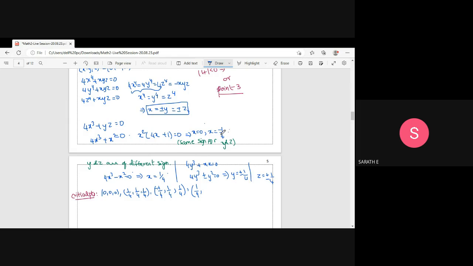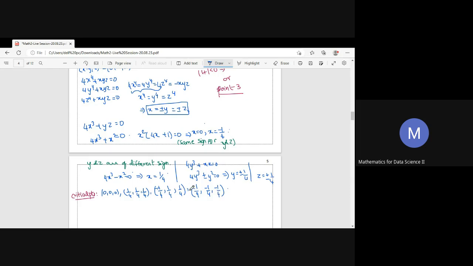Polynomial functions. Okay, let us take the x is equal to minus 1 by 4 case. In the case of minus 1 by 4, either you have both of them positive or both of them negative, the same sign for x, y and z, right?